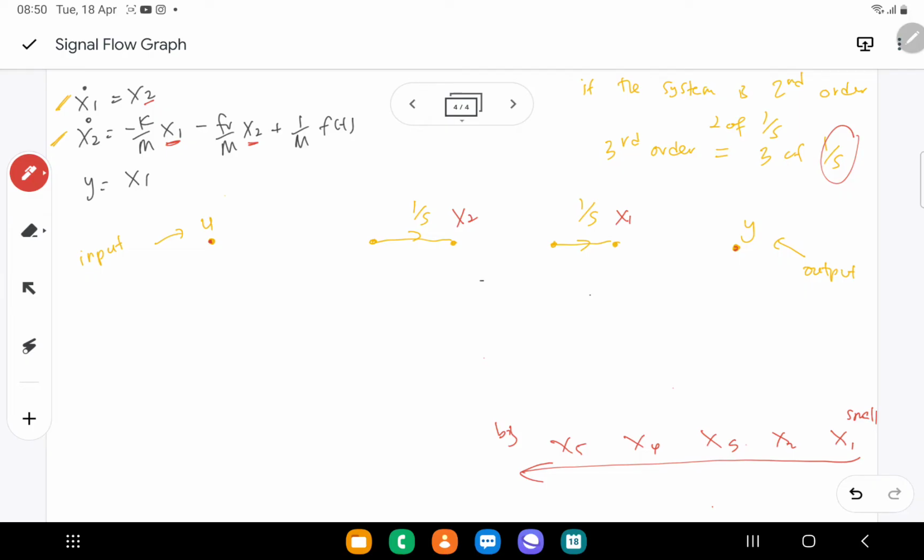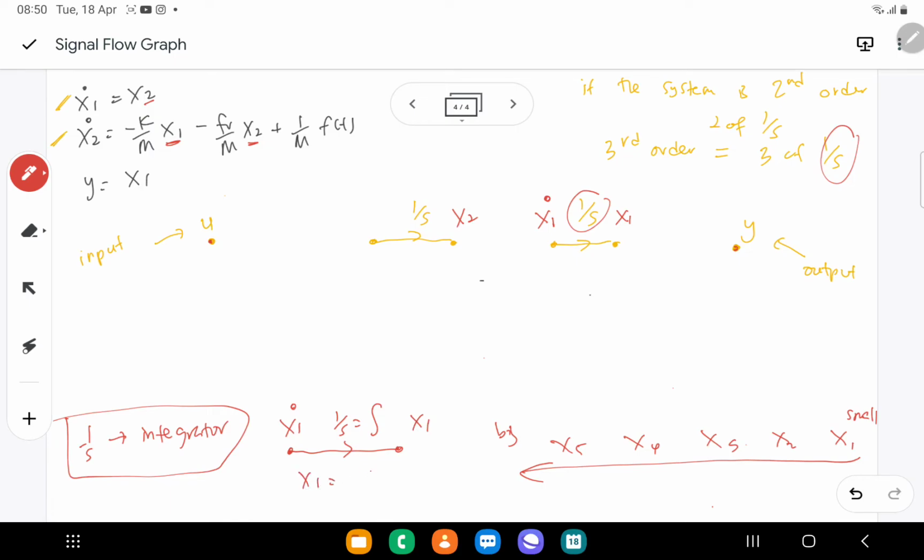So what is the function of the 1 over s? 1 over s is the integrator. So in this case you should have x1 dot. If 1 over s is an integrator, it integrates x1 dot and then you get x1, so x1 equals the integration of x1 dot.